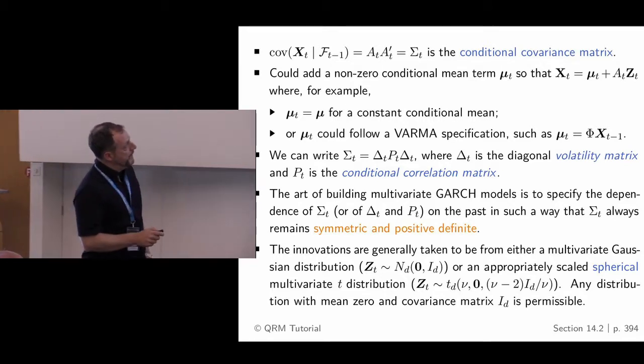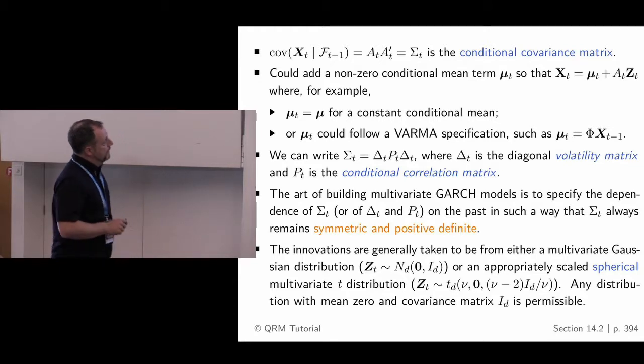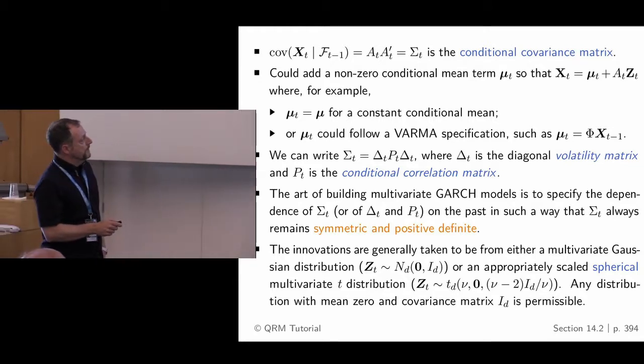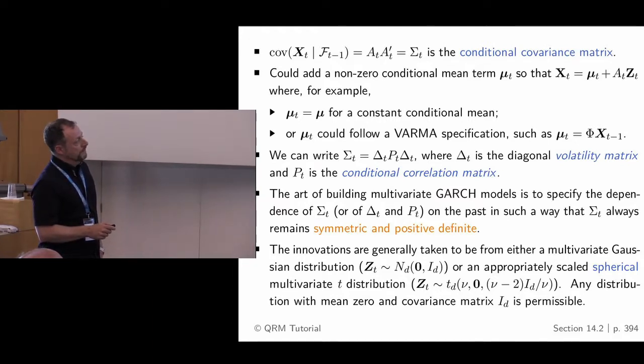And I will concentrate on modeling At, this matrix At, or actually effectively modeling Sigma t. There is a very neat decomposition of a covariance matrix in terms of a sandwich here, Delta t, Rho t, Delta t. These are 3 matrices. So you maybe have to think about this. The Delta t is a diagonal matrix containing the volatilities, the conditional standard deviations.